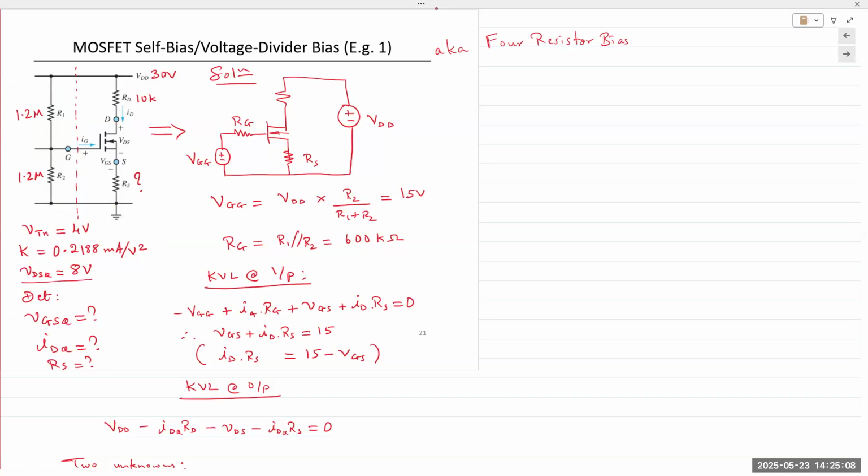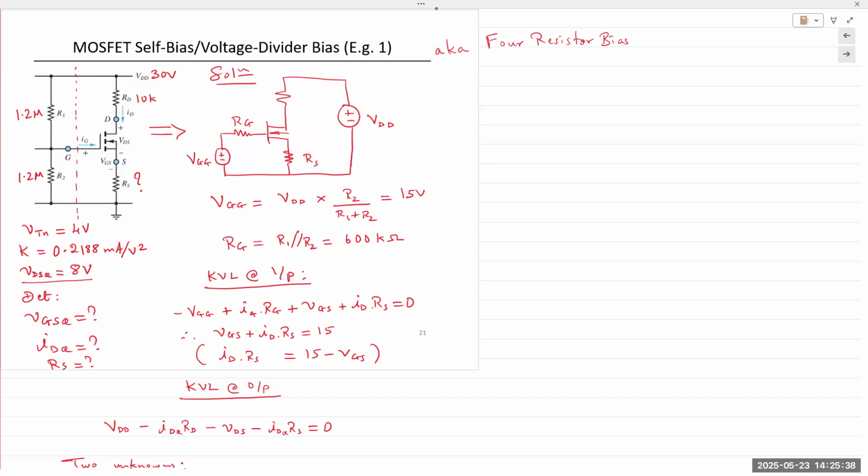Now, this is a solved problem, so several parameters are given to us. As working engineers in real life, you might come across a system where everything is unknown, so we have to pick values for certain quantities. Let's say the question being asked is: we have a MOSFET and we want to bias it at the operating point of 8 volts.